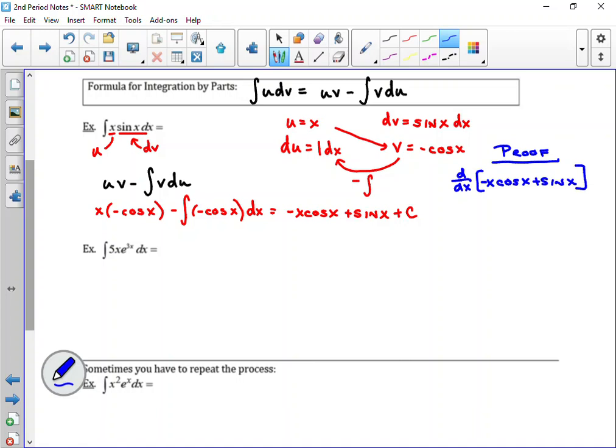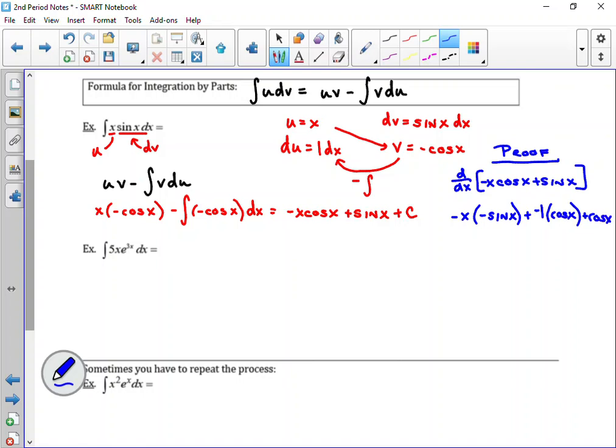And so if I do that, I have to do product rule. So this would be negative x times the derivative of cosine, which is negative sine, plus negative 1 times cosine x, right? And then the derivative of sine is cosine x.